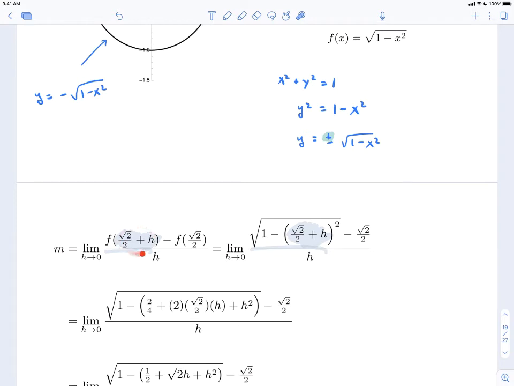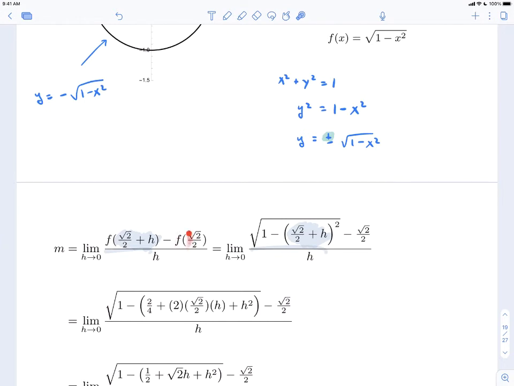So we look at the input, and it returns, if we look at our function, the square root of 1 minus the input squared. So the input is all of this, the square root of 2 over 2 plus h. Now that's the first occurrence of f.